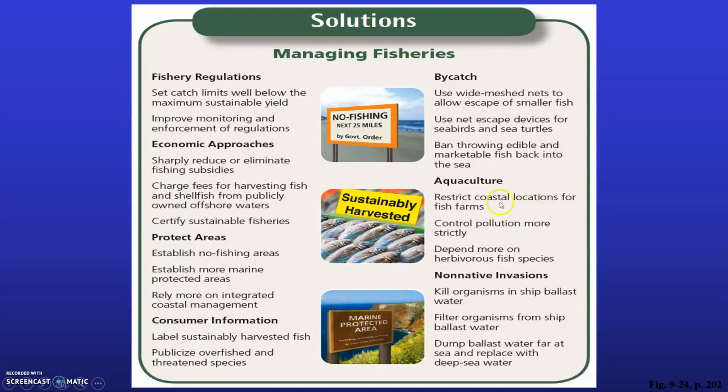So the goal is to restrict coastal locations for fish farms so that we're not impacting that near coastal area with too many nutrients and resulting in eutrophication, which then depletes the oxygen from the water, which can obviously impact the natural marine environment. And then also work in a way to limit non-native species getting moved around the world to different areas that they shouldn't be.